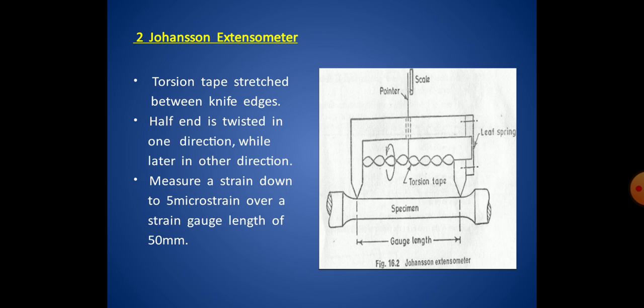Now we can read the explanation. Torsion tape is stretched between knife edges. Half is twisted in one direction while the other half is twisted in the other direction. It measures a strain down to 5 microstrain over a gauge length of 50 millimeter.